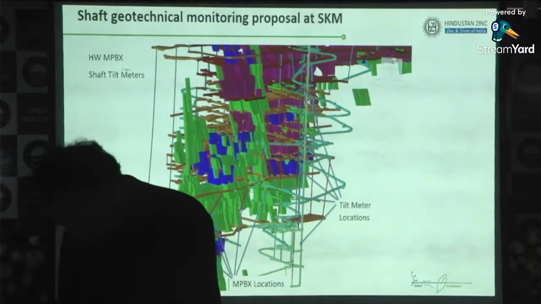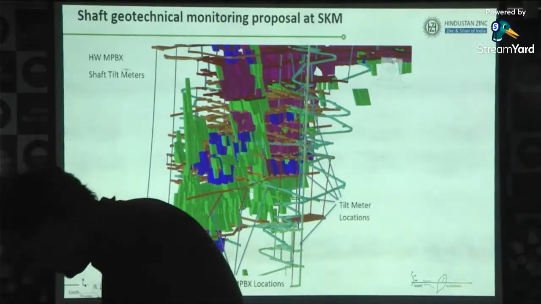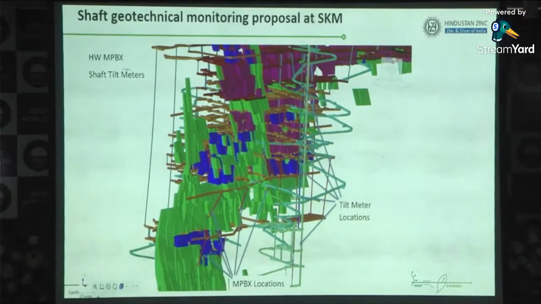The magenta color is the stopes that have been mined out and backfilled, the green are future stopes, and the blue are the running stopes. We even have a hanging wall drive, and we are going to put long MPBX over that, and then we can get the data from the hanging wall.